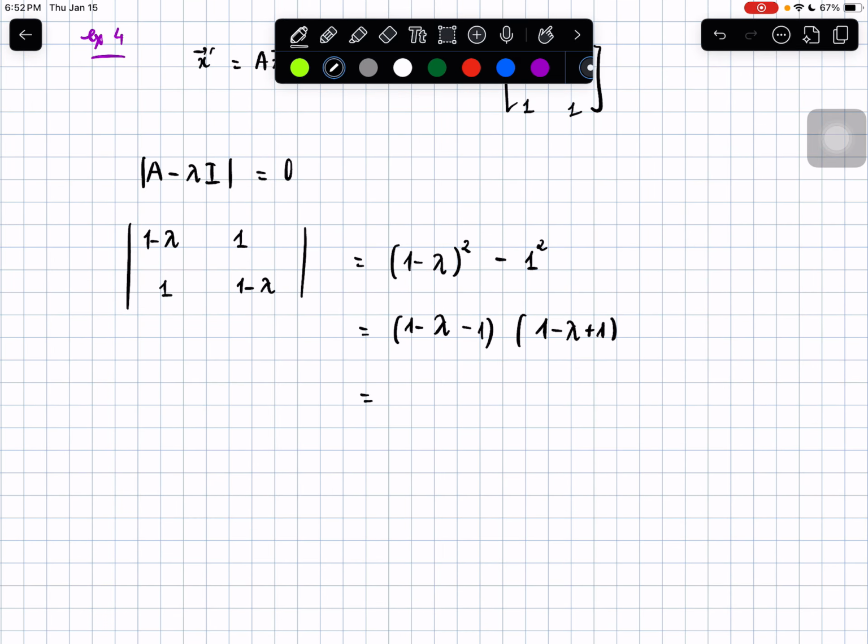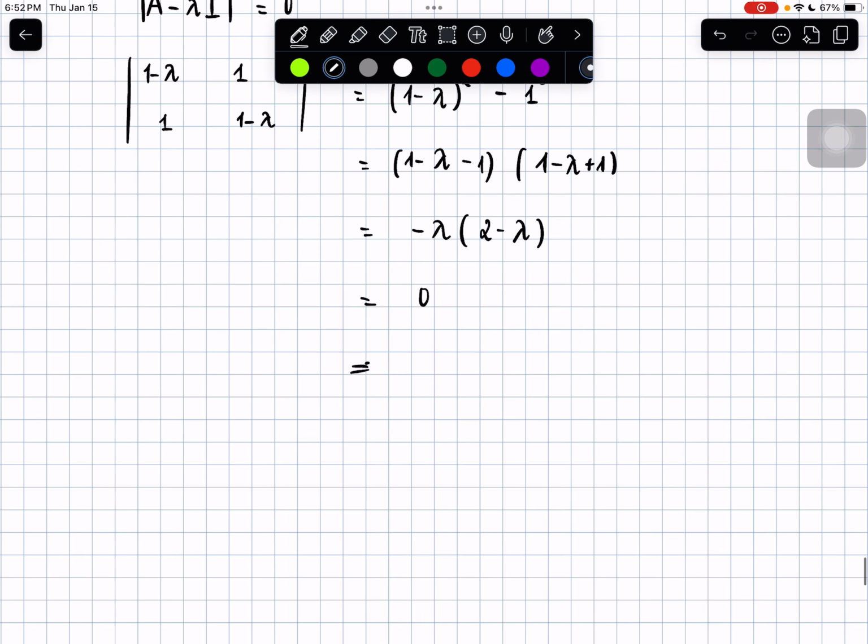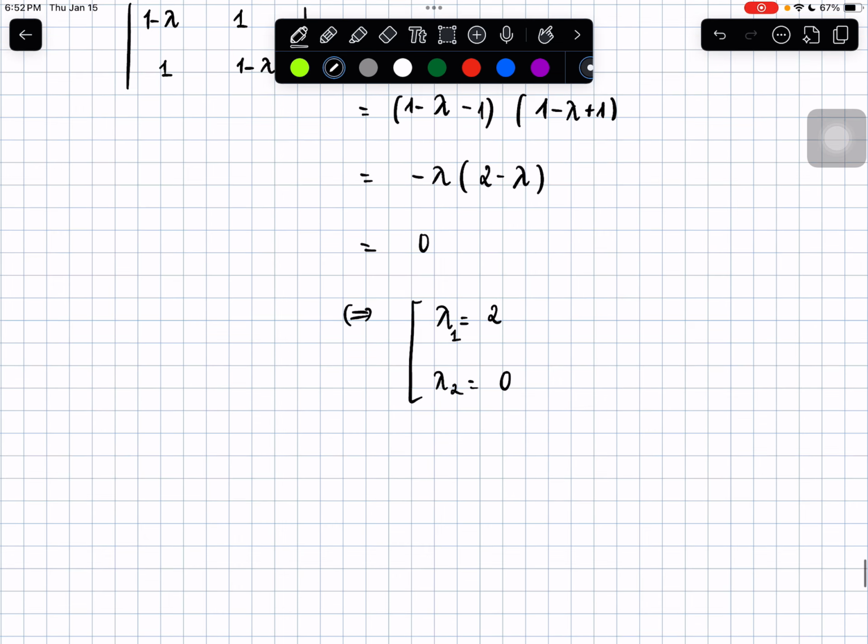So minus lambda times (2 minus lambda) is 0. Lambda 1 is 2, lambda 2 is 0. It doesn't matter which order, but let's choose it.